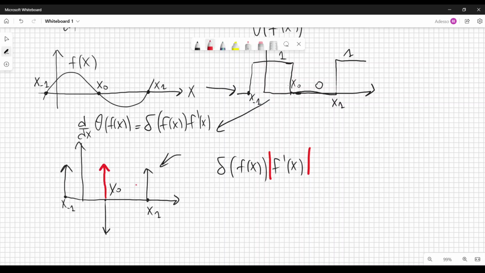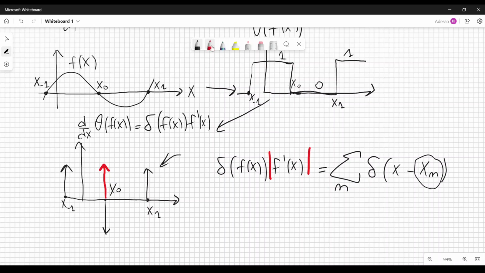So we have a series of deltas, and you can easily understand that this function will be equal to the sum over n of Dirac deltas of this form, delta of x minus xn, where xn here is simply one of the zeros of the function f of x.